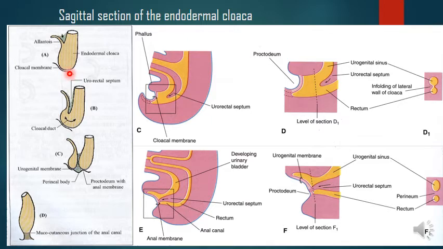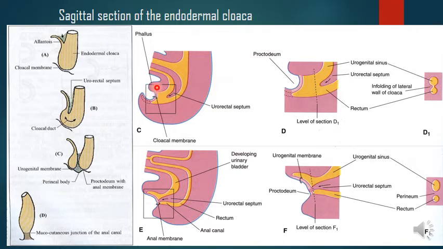The mesodermal cells from the primitive streak migrate ventrally to this area and form the rudimentary phallus here.